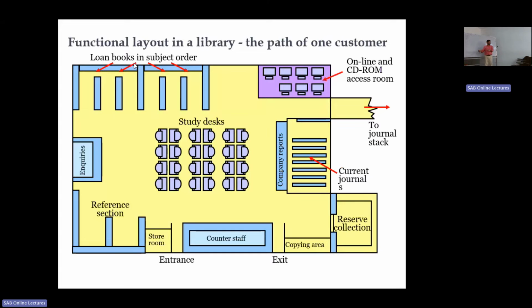The reference collection is located here, this is the study desk, and these are the lending areas, where lending books are located. Online and digital resources have a separate section, along with journals and other periodicals, the reserve collection, photocopying and all. So the building is divided among different sections. We call this a functional layout.